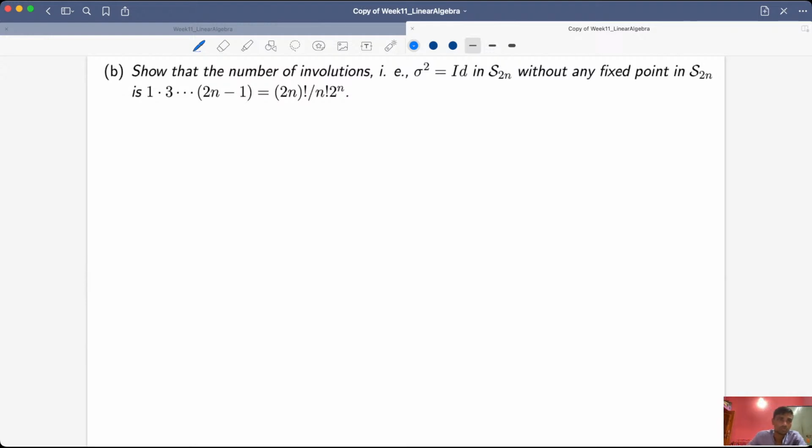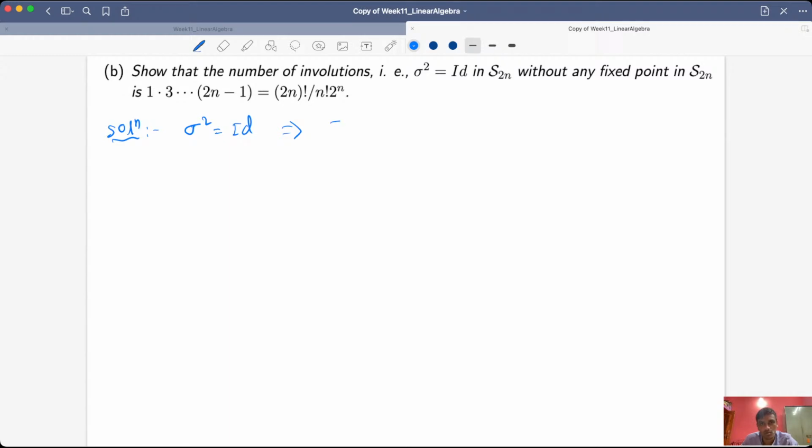So we write that. Sigma square equal to identity implies that sigma has at most order 2, because if sigma is not equal to identity, then sigma has order 2.